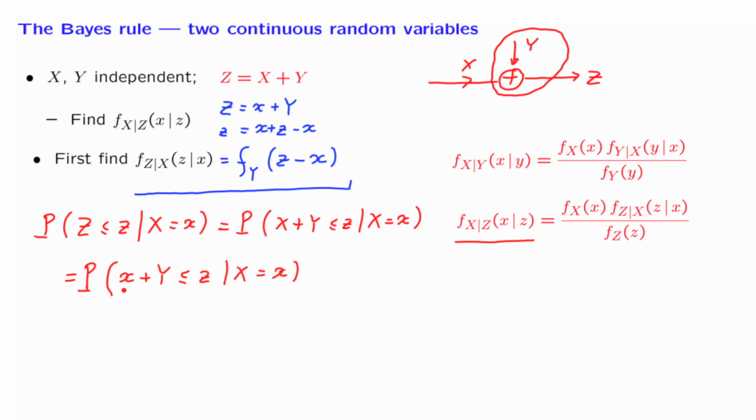Now, this is an expression which is a random variable because y is random, but little x is a number. So y is the only random variable involved here. Y is independent from x, so the conditional distribution, given the value of capital X, should be the same as the unconditional distribution.